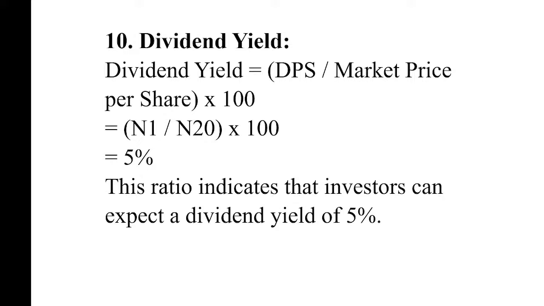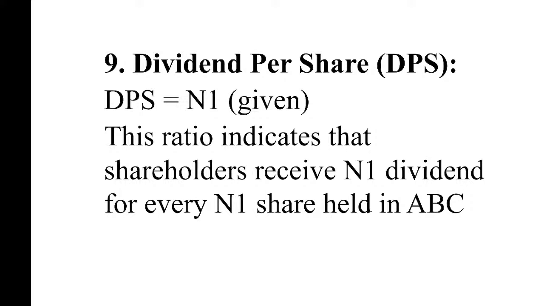Dividend yield. Dividend yield is equal to dividend per share over market price per share, times 100. So we have 1 naira, which is the dividend per share that we calculated here.